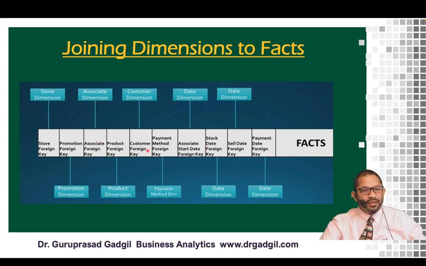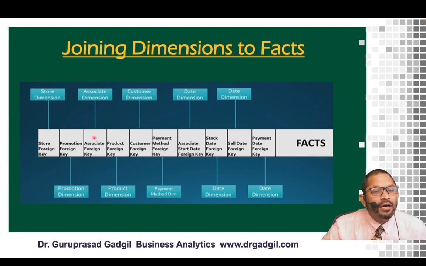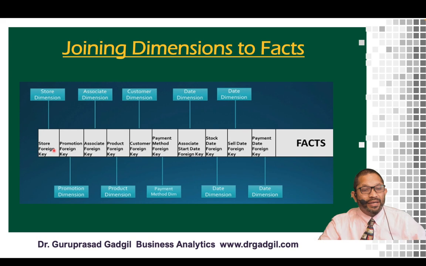If you see over here, this is a fact table, and these are the different attributes, different columns in the fact table. You'll see that you have a store foreign key, a promotion foreign key, an associate foreign key, a product foreign key, a customer foreign key. So these are all foreign keys. The store foreign key in the fact table will become the primary key in the store table.